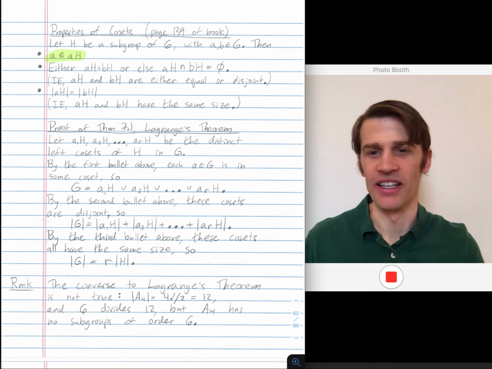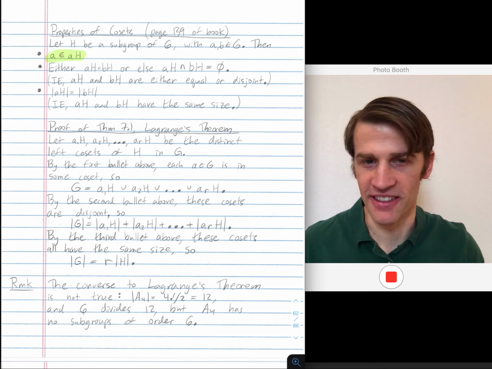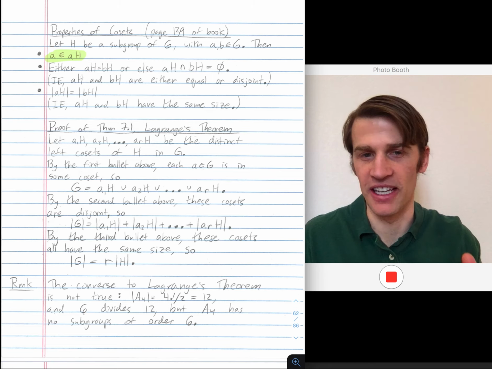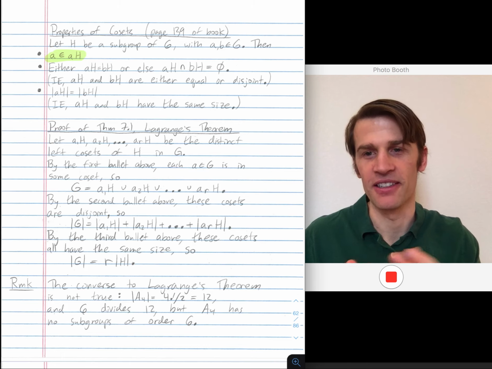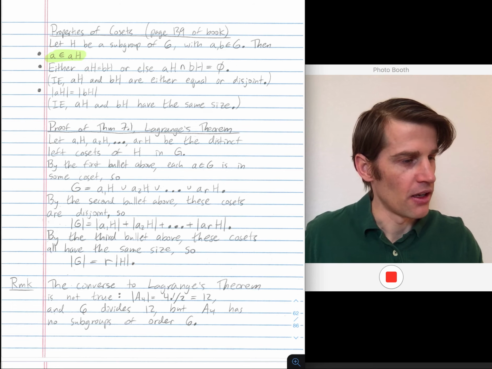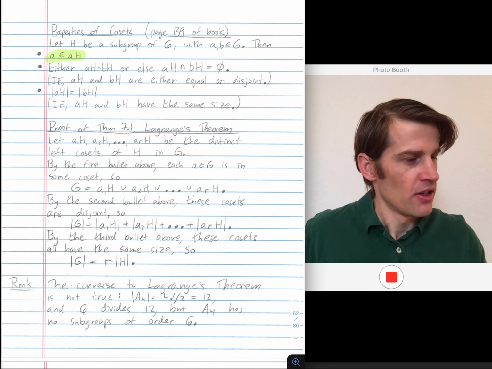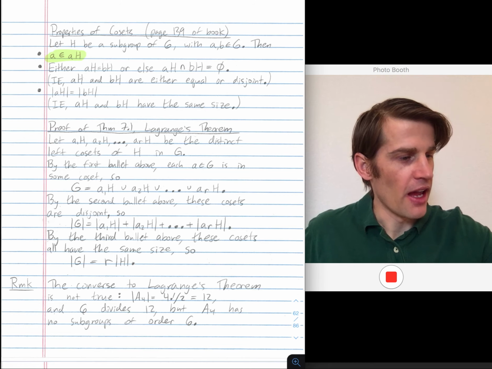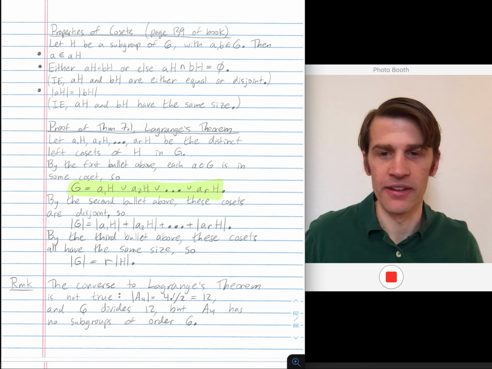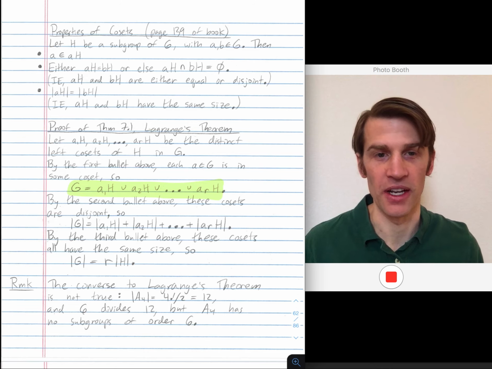So maybe B is some other name of an element in G. B is certainly in the coset B times H, and the coset B times H might be equal, for example, to A2 times H. So that means that every element of G is in one of these cosets. So G is the union of all of those R different cosets.